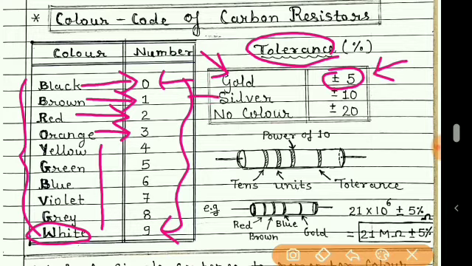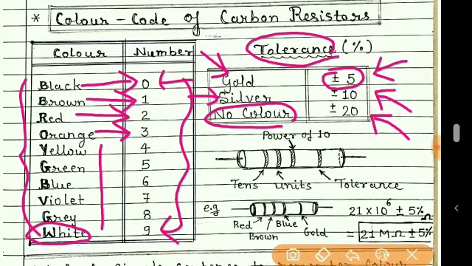If it is silver, then it can vary up to plus or minus 10%, and if there is no color, then it can vary up to 20%.